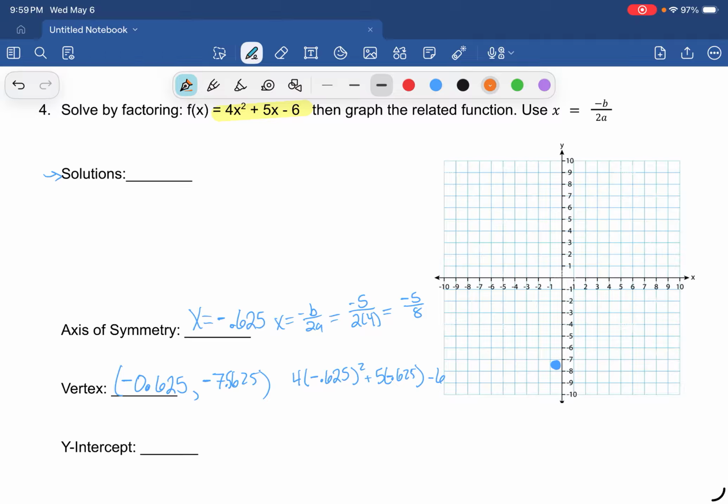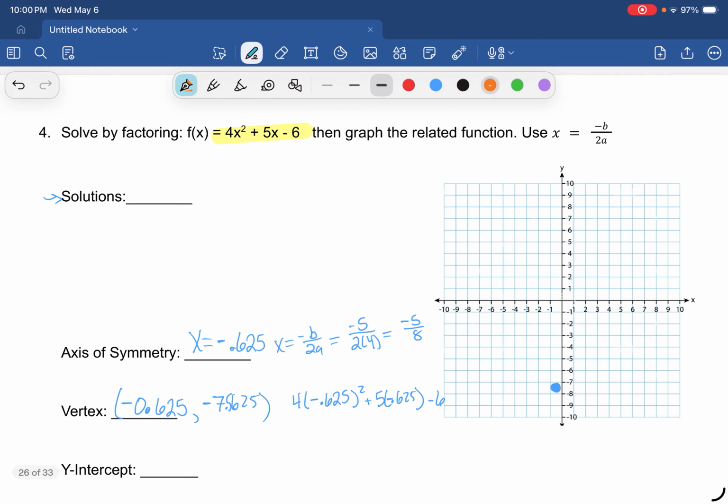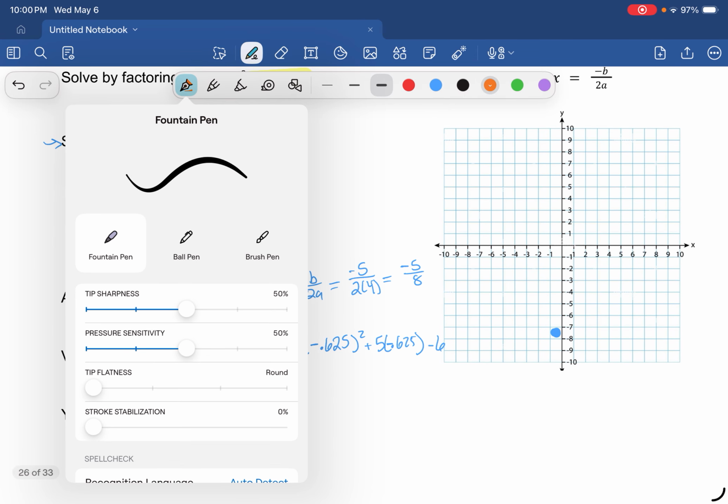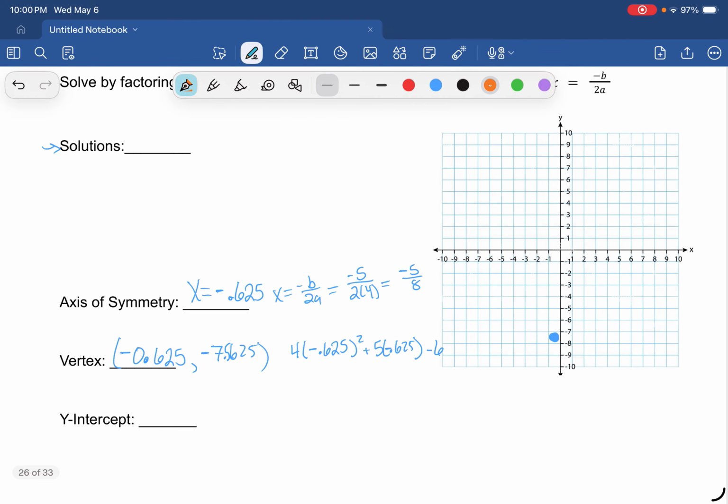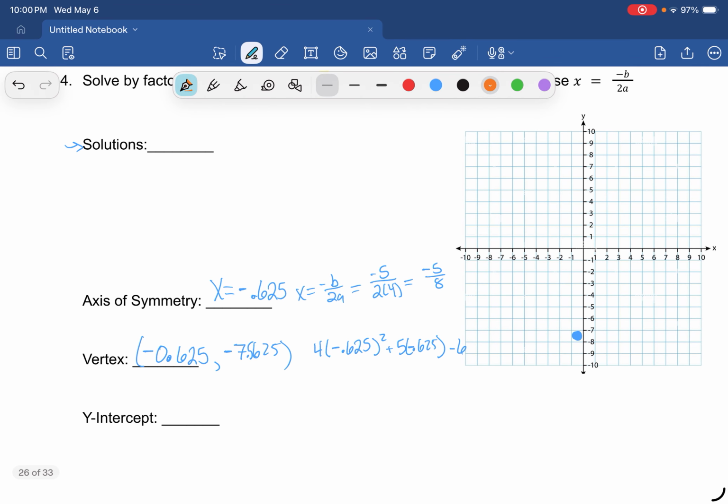All right, well, in the background, my stylus just died. Okay. So, my y-intercept is going to happen at 0, negative 6.